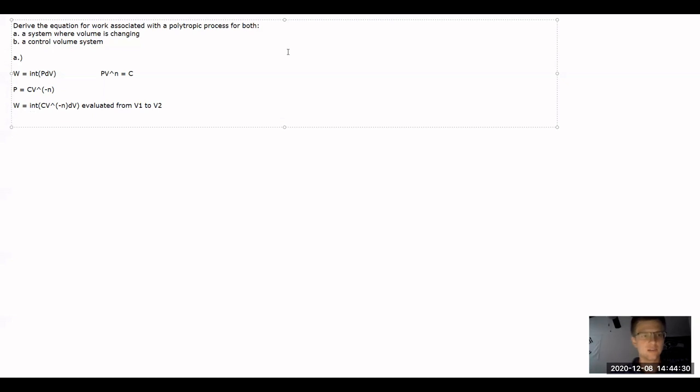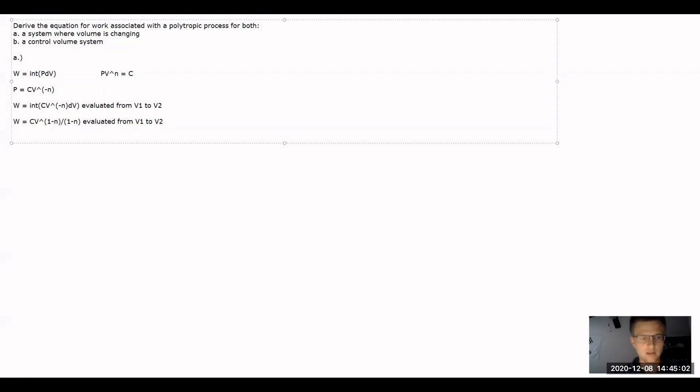Our next step is just simple integration. We know that in the power rule, work now is equal to C times V raised to the 1 minus n, because we're going to increase our exponent by 1, and then we're going to divide the entire quantity by that exponent. And this is still evaluated from V1 to V2. Next step is to plug in our values.